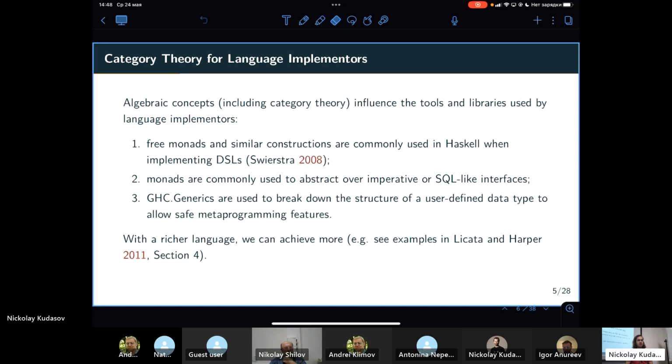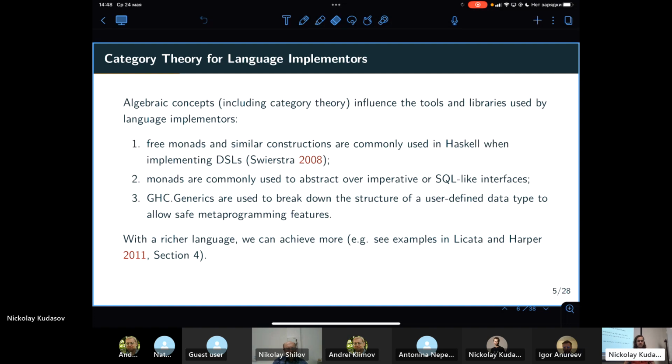It has some approximations, a lot of language extensions that approximate that. But then the idea is that if you have a language which starts off with a richer type system, then you can achieve more, in particular with metaprogramming and basically generating correct-by-construction code or something else by leveraging this richer structure. Right.